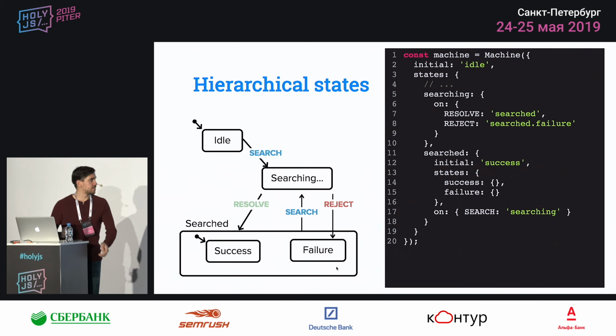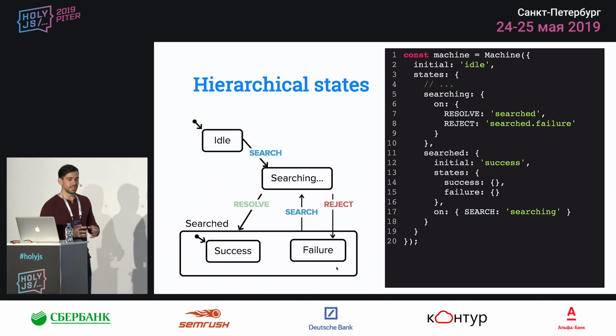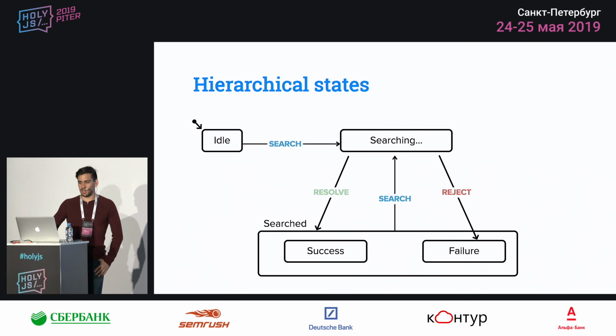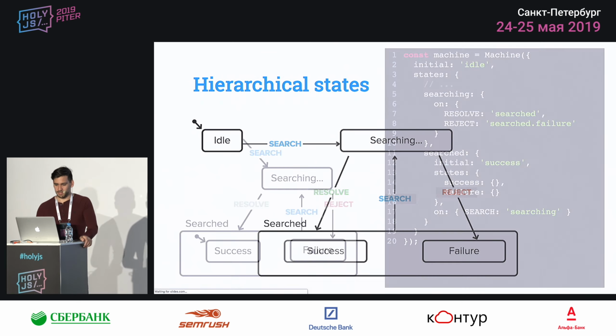For both of these states, when the search event happens, because it's not handled directly by each of these states but instead by the parent, we know that no matter which state we're in, we could go to the searching state. You see how this reduces the number of transitions just barely, but it makes a bigger impact the more complex your app gets.